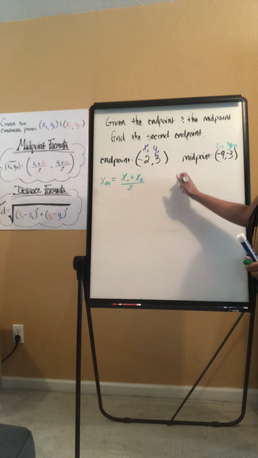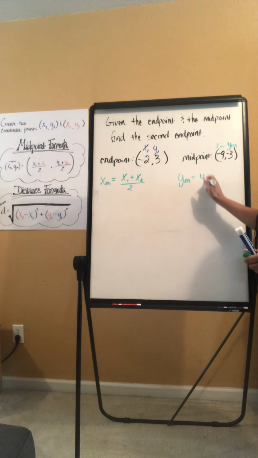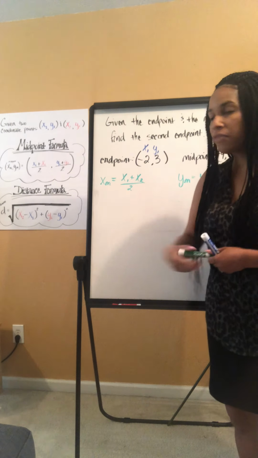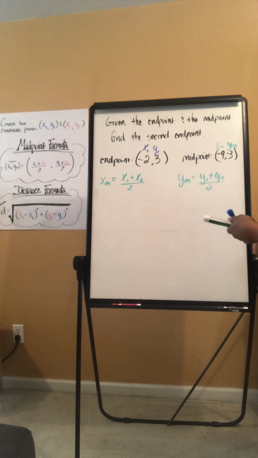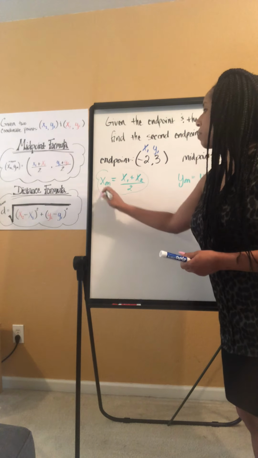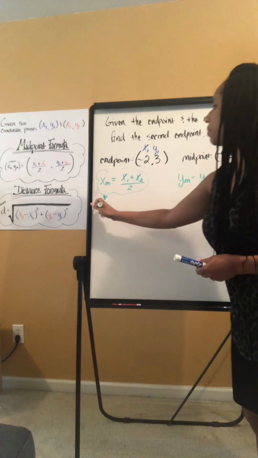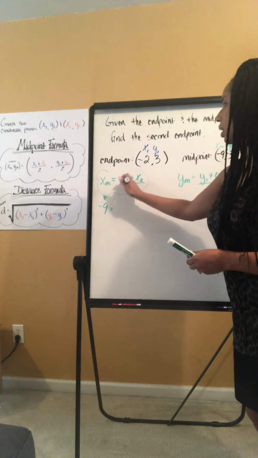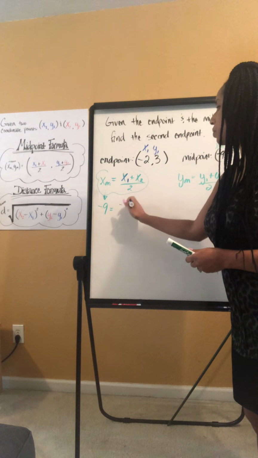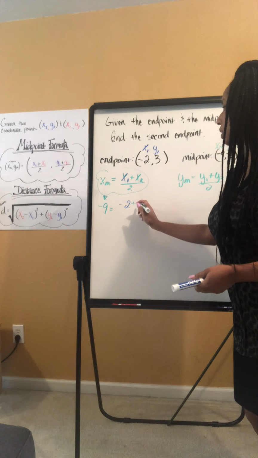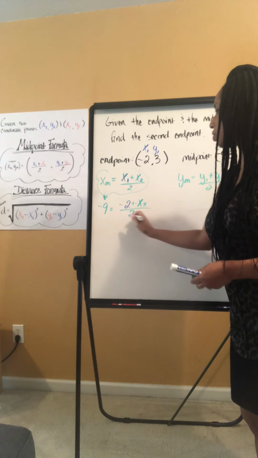And similarly, ym is y1 plus y2 divided by 2. All right, those came from the formula that we have. So I'll just plug in what I know to find out what I don't. I know that xm is negative 9. I know that x1 is negative 2. All right, the rest of the formula just says plus x2 divided by 2.